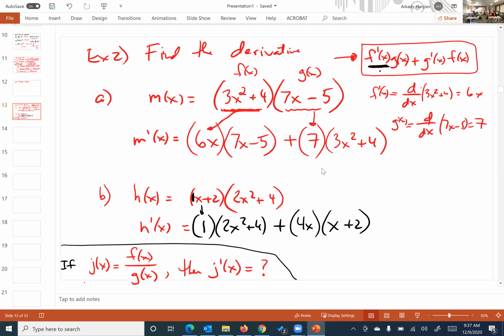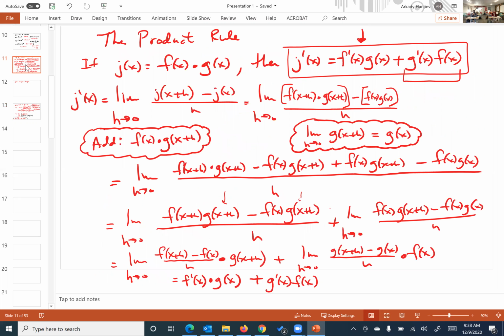All right, so let me go back real quick on our notes. We did the product rule, we proved the product rule. The genius part was adding in this little extra piece, and doing the g of x plus h and taking the limit.